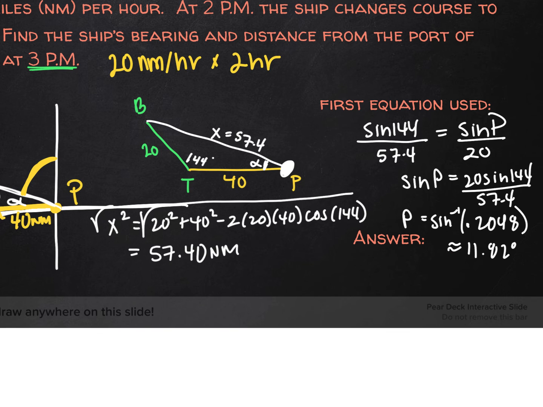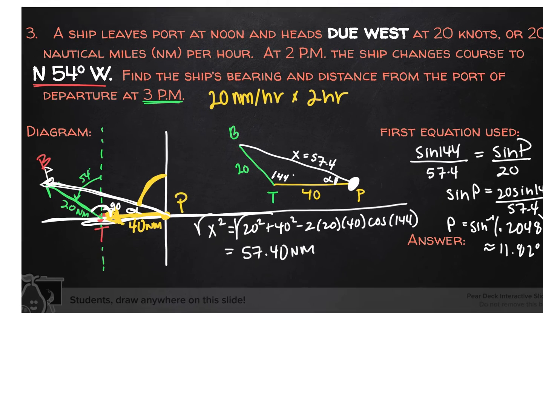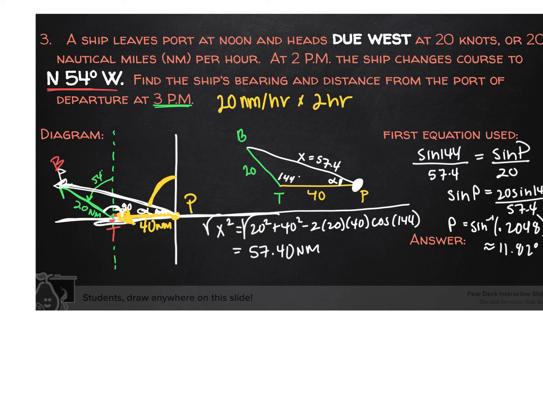11.82 degrees. The tricky part is that's not actually my bearing. What that gave me was this piece. Here, maybe this is easier to see. That's angle P that it makes with the x-axis. What I actually need is the angle from the y-axis. So I'm going to do 90 minus 11.82 to get this piece right here.